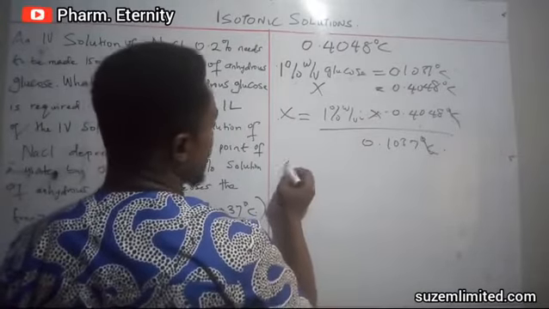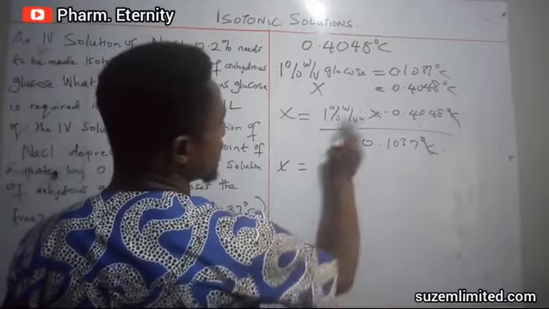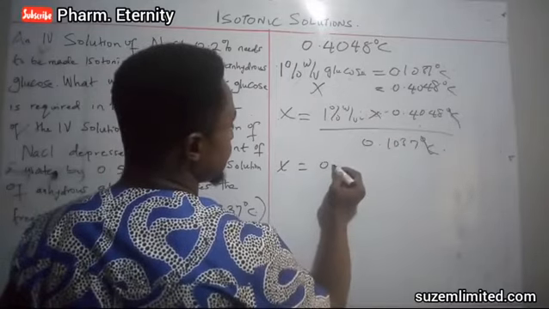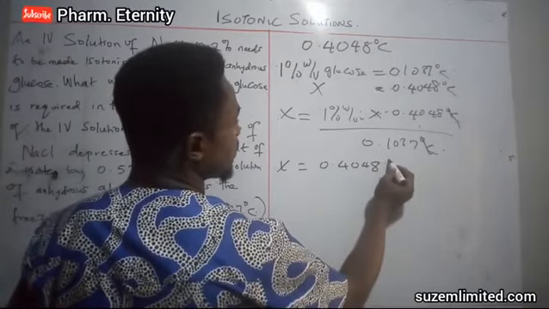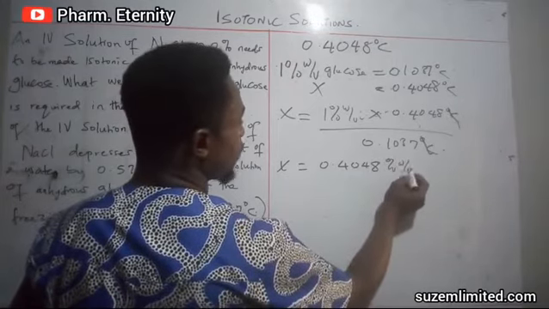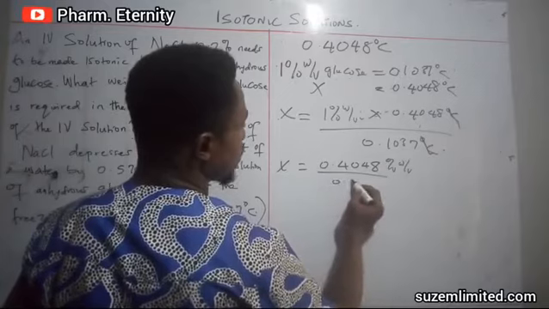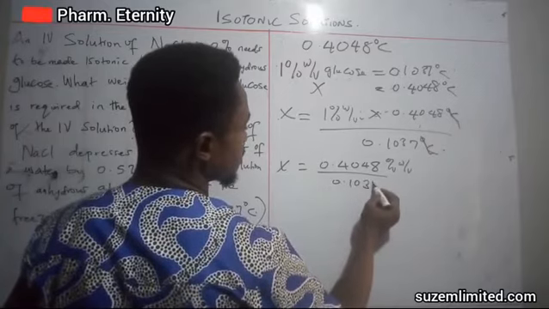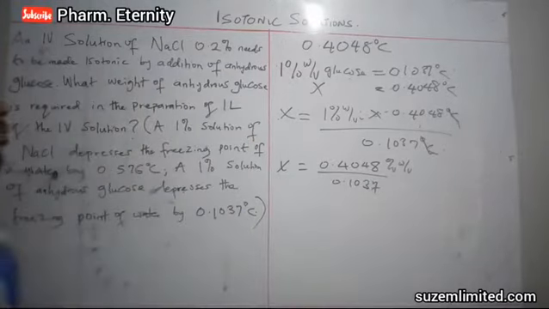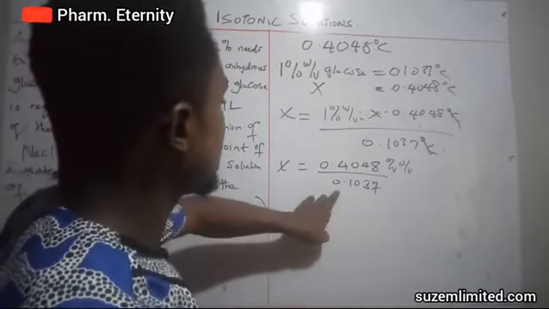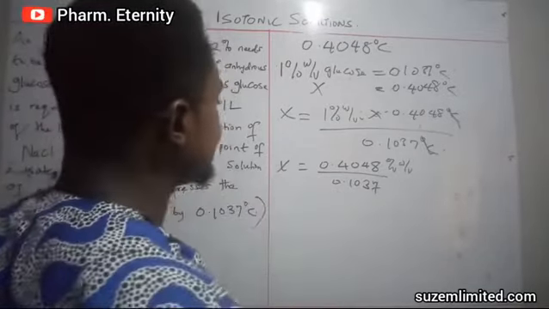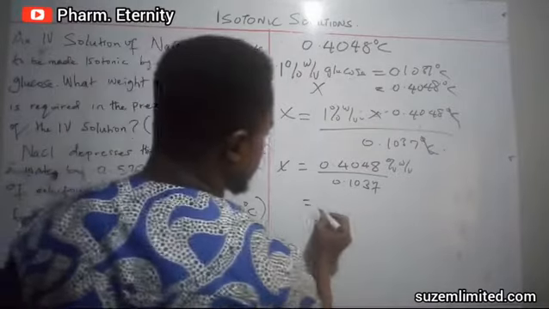That means X is now equal to 0.4048% weight per volume, all over 0.1037. So if we divide this, this should give us something like this.